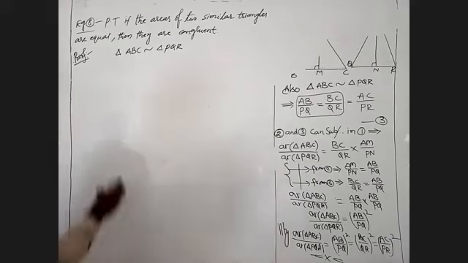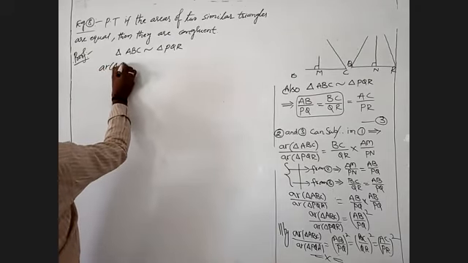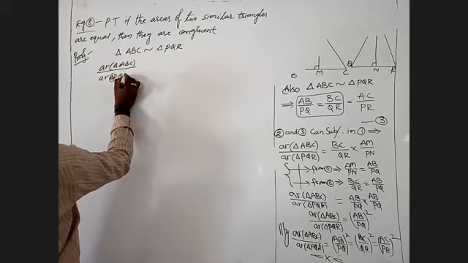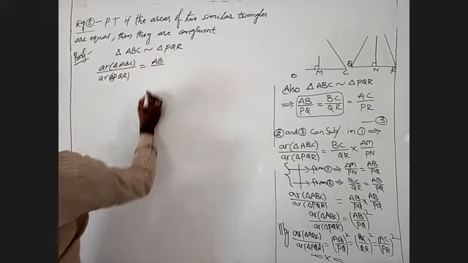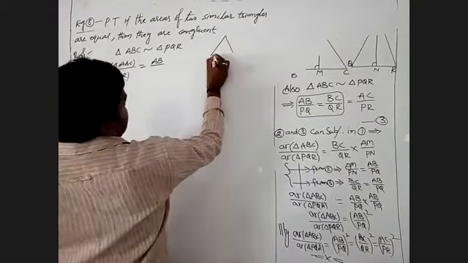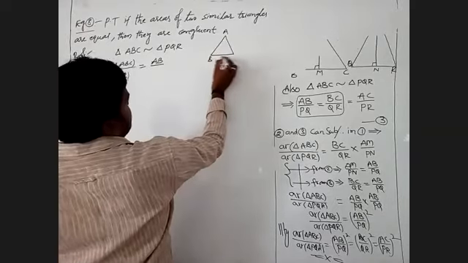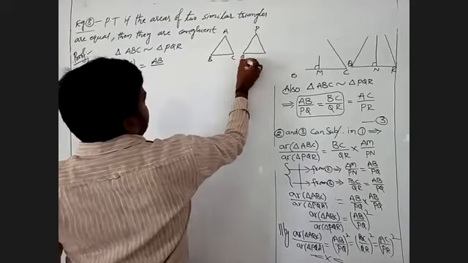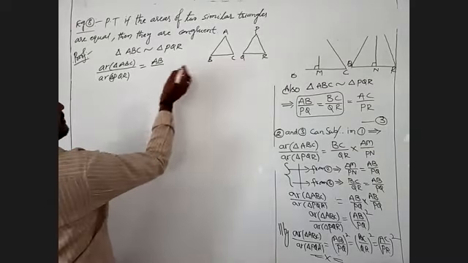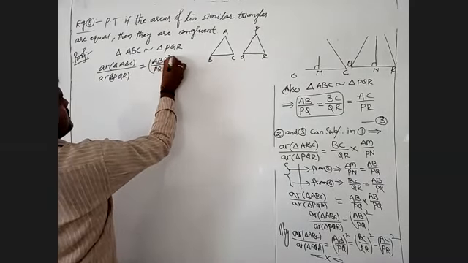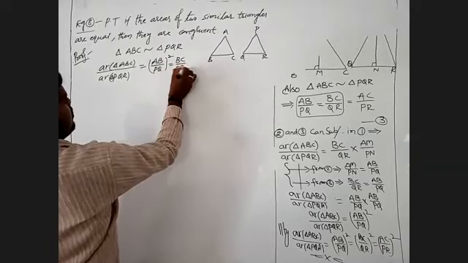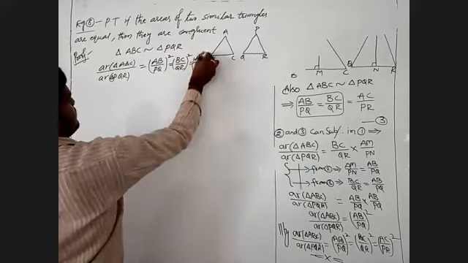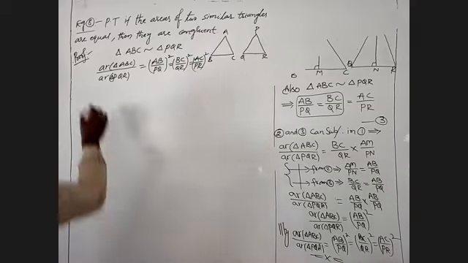The required formula is area of triangle ABC by area of triangle PQR is nothing but AB by PQ whole square is equal to BC by QR whole square is equal to AC by PR whole square. We will draw the figure: this is ABC, and this is PQR. This is the given theorem.